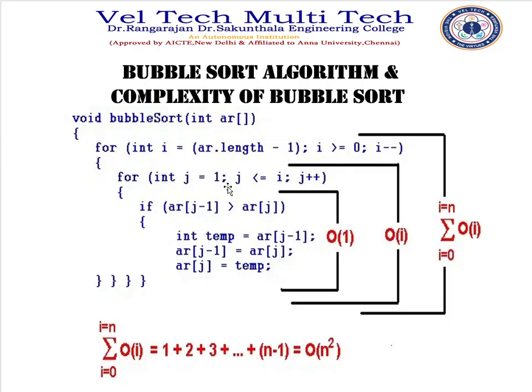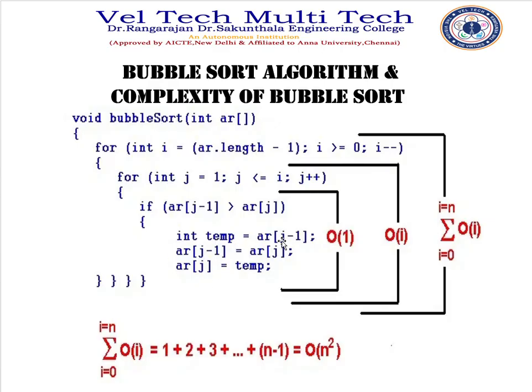So each and every element will be compared, and if there is any mismatch in the order, we have to swap it. For that swapping we have written this code part. It's a simple swapping logic. As you all know, it temporarily stores the left element in the temp variable, assigns the right element to the left, and places the temp in the right position.